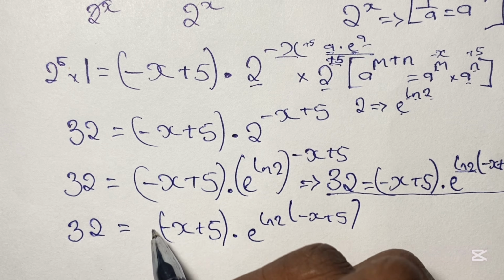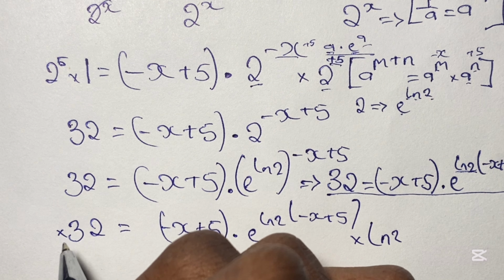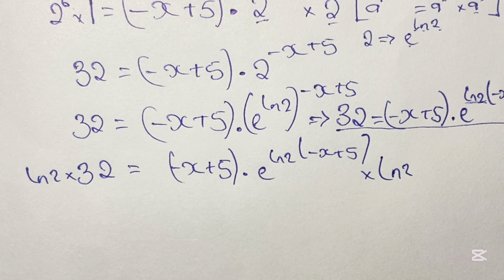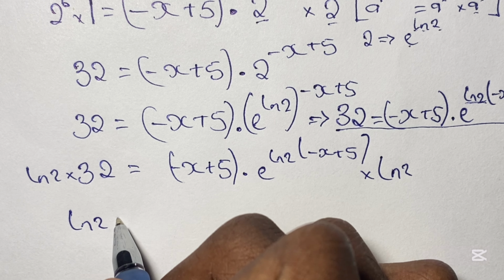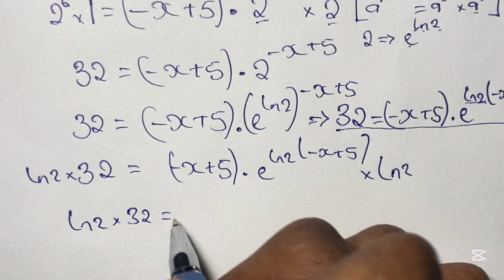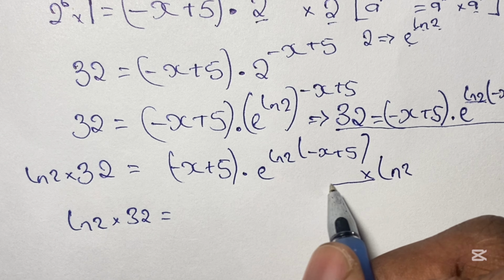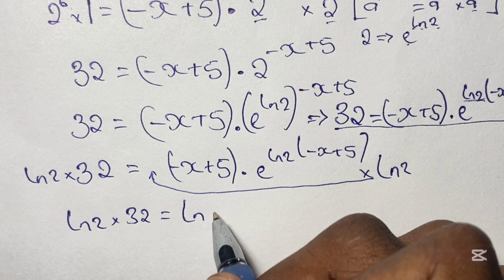So in order to have this ln of 2 here, we can multiply both sides of this equation by ln of 2. So this means that we have ln of 2 times 32 is equal to, we can have this ln of 2 here, we can just drag it right here because we're just multiplying this expression.